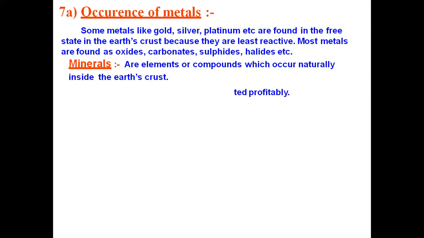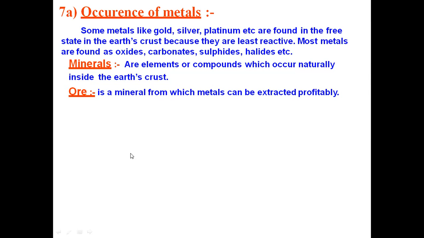But the extraction of the metal will be carried out by taking any one form of these. If I consider iron, oxide is there, sulfide is there, halide is there. Out of the three forms, the more efficient method to extract iron is from iron oxide.